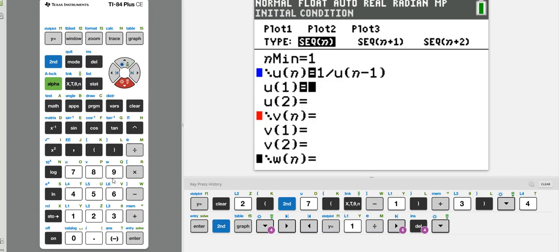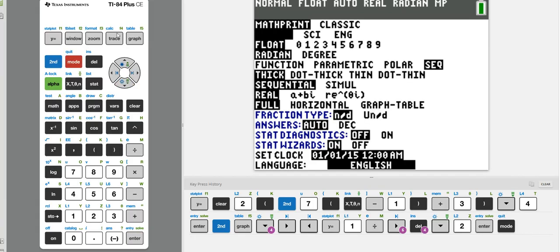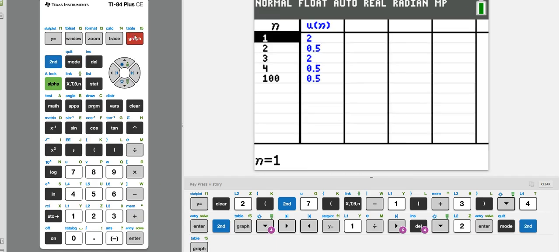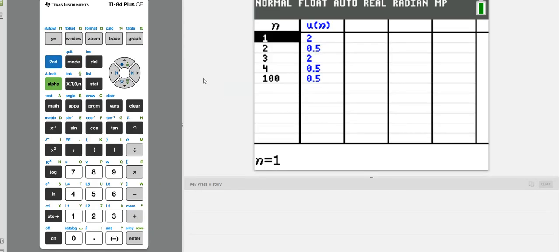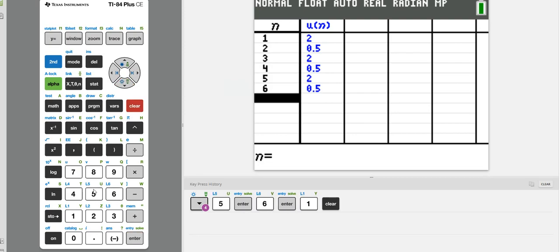This time my beginning value is 2. If I go up to the table function, then I see that alternating pattern. Not a big shocker there. Odd numbers are going to be 2. Even numbers are going to be 1/2. So let's do 5, 6, 7, etc.